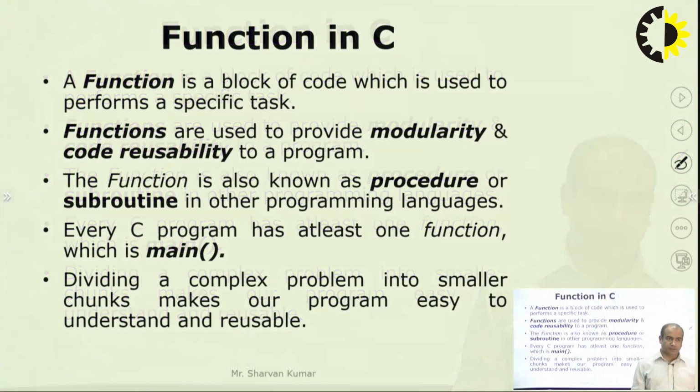In a C program, there is at least one function which we always include, that is the main function. Basically, the task of a function is to divide a huge program into smaller chunks of that program that are easy to understand and reuse.